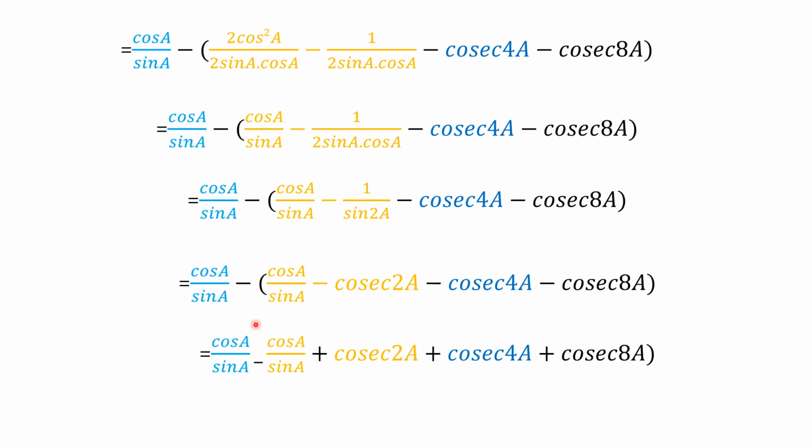Now this fraction and this fraction will cancel out each other. Then after this we are left with only these three terms, that is cosec 2a plus cosec 4a plus cosec 8a, which is equal to our left hand side, proved. Is this clear? Okay, thank you very much.